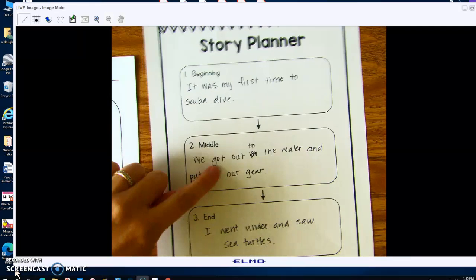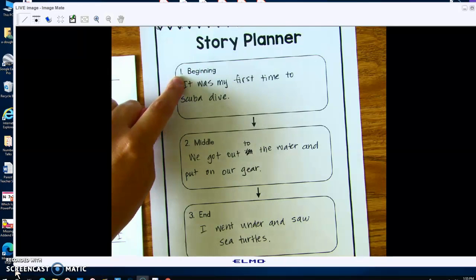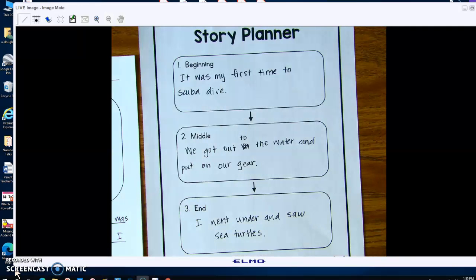You're not going to the middle yet. You're just telling them the beginning. Not the whole story, just the beginning. Kinsler's going to be very quiet and respectful and listen to all of Chase. He's not going to interrupt him, is he? No, we do not interrupt our partner because I'm not going to give you a long time to do this. So this isn't to talk about your stories. This is just to tell them the beginning of your story.